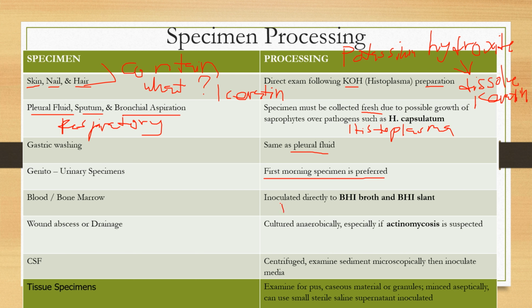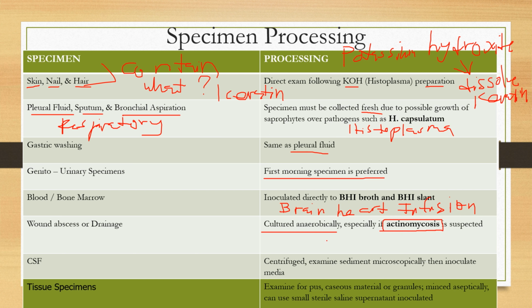BHI, alam ko familiar kayo dito. This is known as your brain heart infusion. So they come in a broth form and a slant form. Then for wound abscess or drainage, they need to be cultured anaerobically, especially if the disease suspected is actinomycosis.